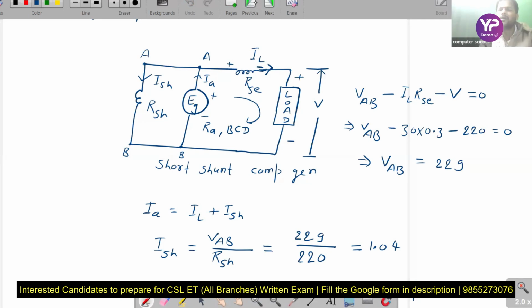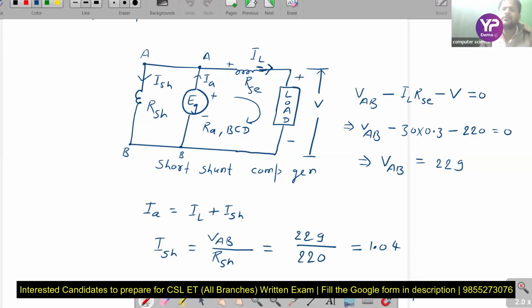When we apply excitation to the stator or field winding, field flux is developed. When we apply mechanical input to the rotor, because a generator converts mechanical input to electrical output, the rotor starts rotating and the armature conductors on the rotor cut the field flux.